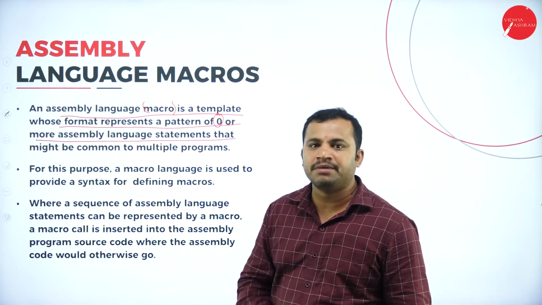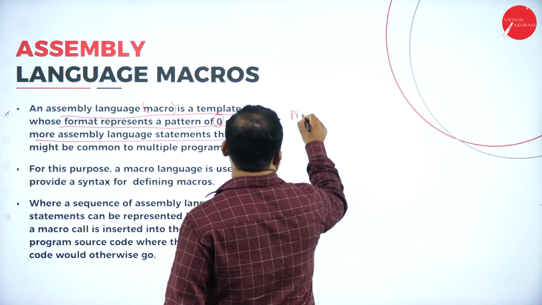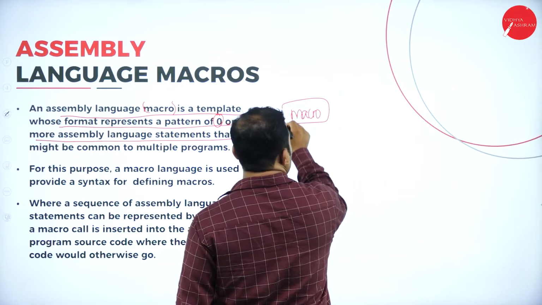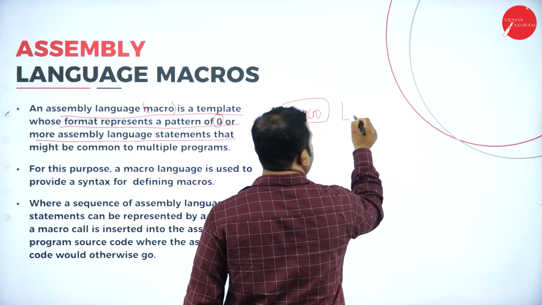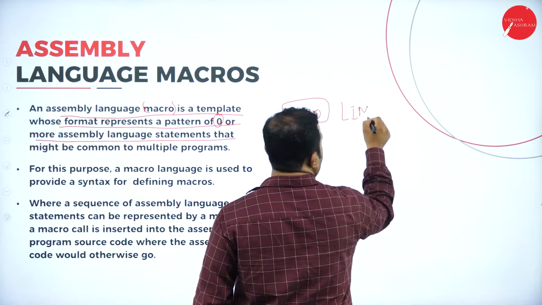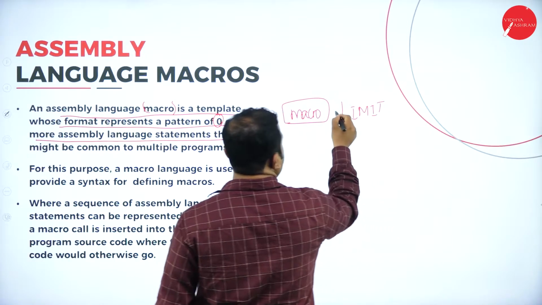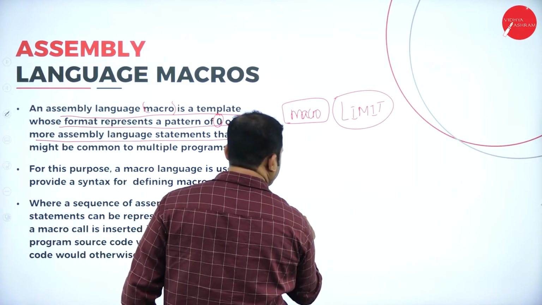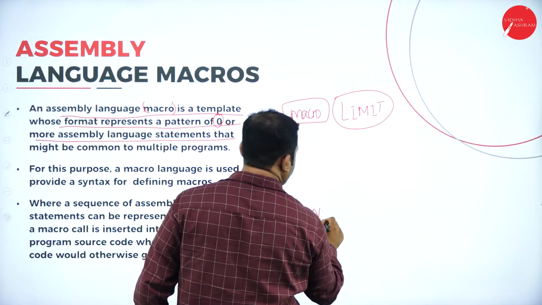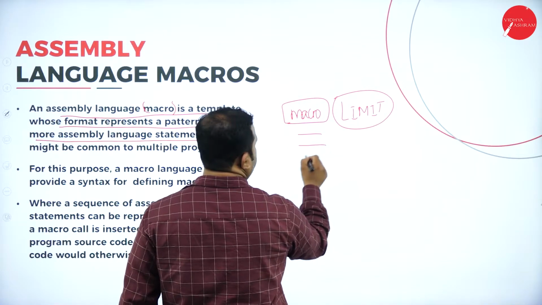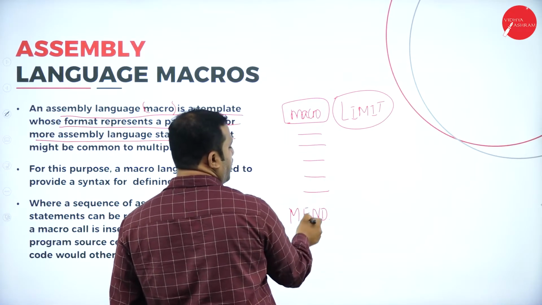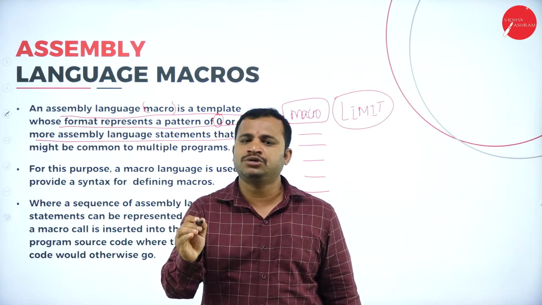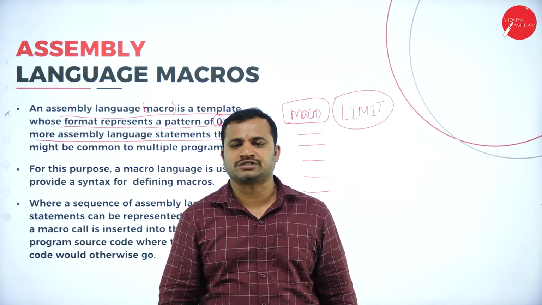The template has the keyword macro, followed by the name of the macro, for example limit. Then come the statements, ending with end, that is the set of statements between macro beginning and macro ending. This is the simple template common to many programming languages.